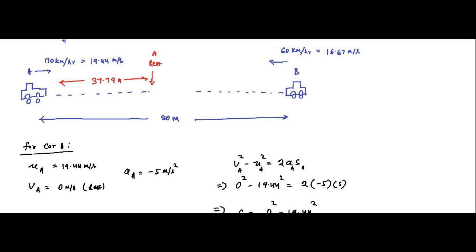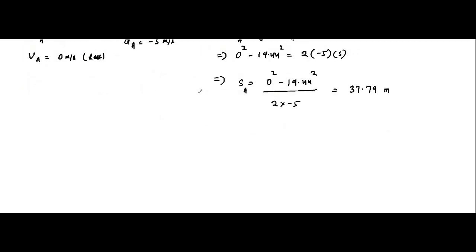Similarly, for car B, the initial velocity is 16.67 meters per second. The final velocity is 0 meters per second.